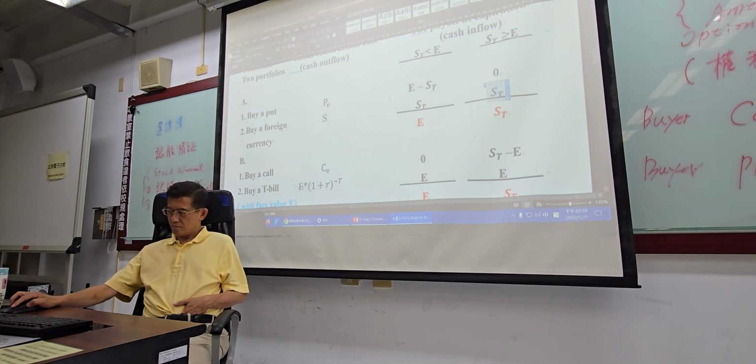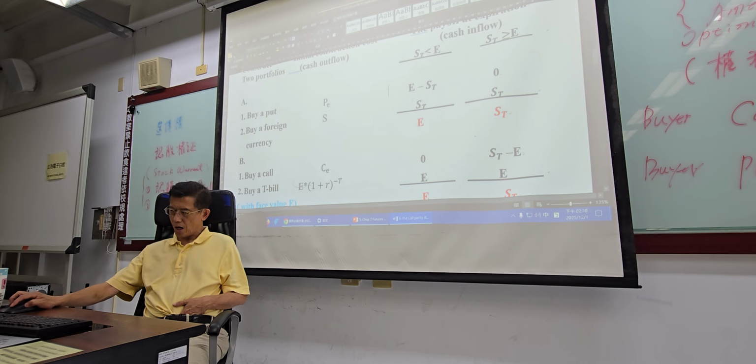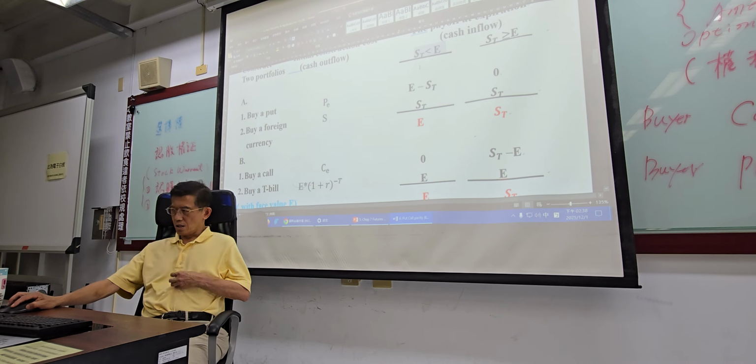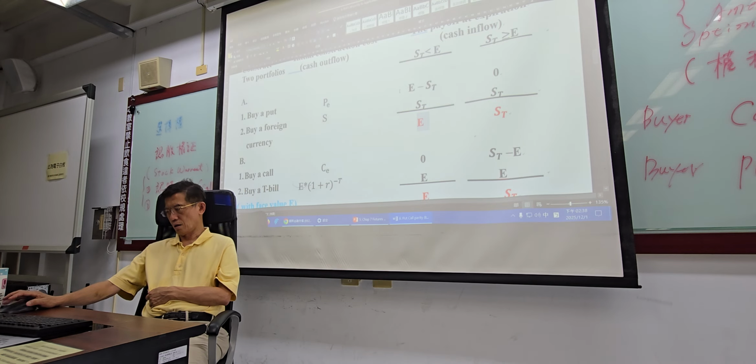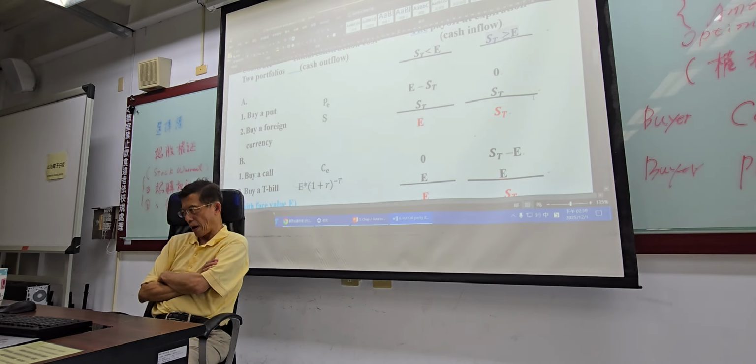Let's summarize by their payoff. For the first situation, S sub T smaller than capital E, portfolio A's payoff is capital E. And if the expiration scenario shows S sub T greater than capital E, then your portfolio A will end up with S sub T as the payoff at expiration.